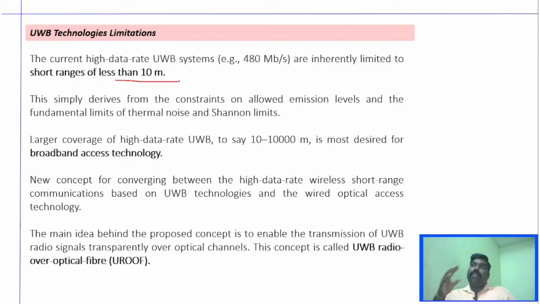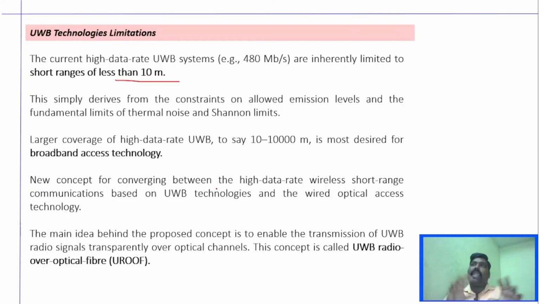Whereas if you want to extend from 10 meters to 1000 meters, that is possible with broadband access technology. That is why we go for UROOF, where we are able to extend the range of UWB to a greater extent, right?